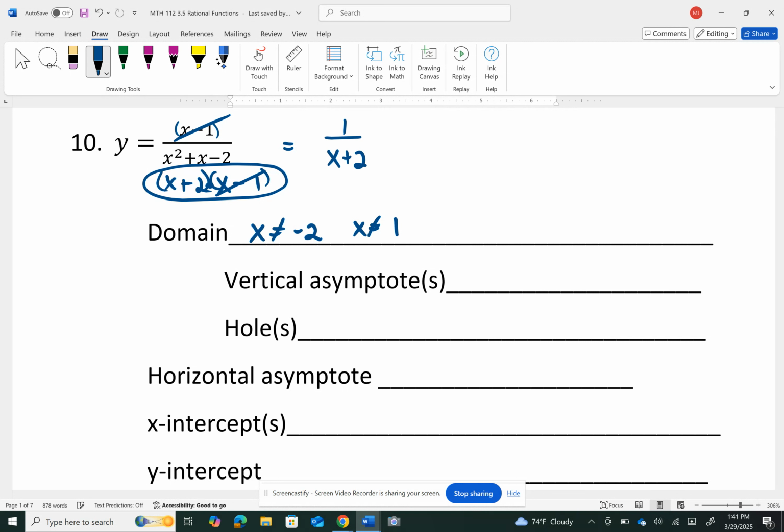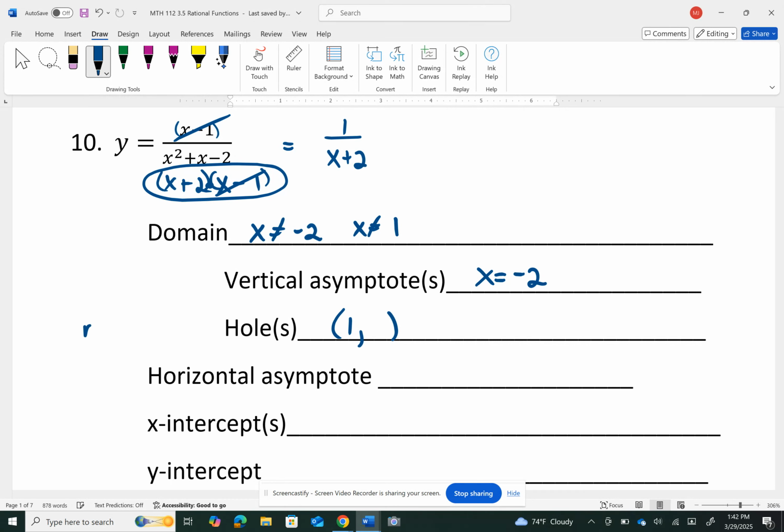So you were able to remove the x minus 1 factor. So that means you're going to have a hole at the point 1 something. The x plus 2 factor you could not remove, and so that one's going to give you a vertical line, that's going to be the vertical asymptote, which will happen at x equals negative 2.